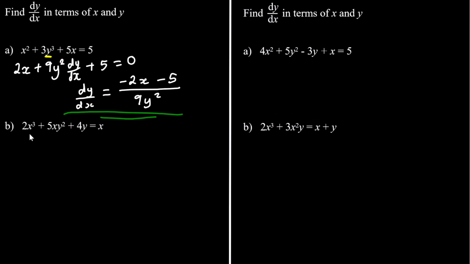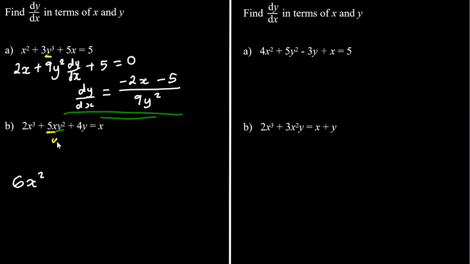So we've got 2x cubed, differentiate it normally, times by the power, take one off the power, that's 6x squared. Now 5xy squared is a product rule. It's in the form uv, two things multiplied together.